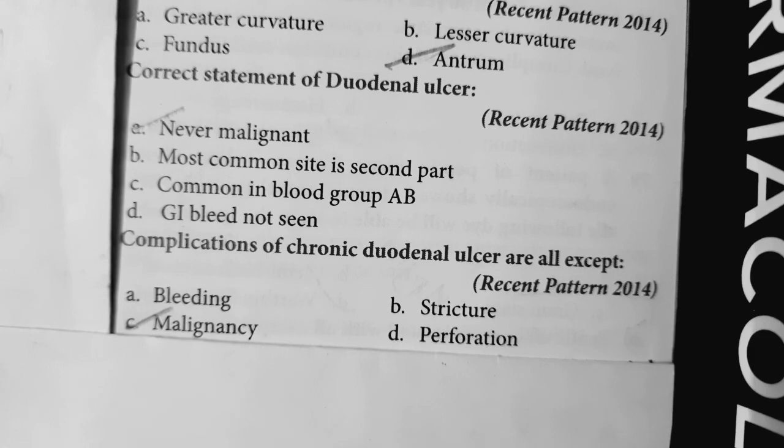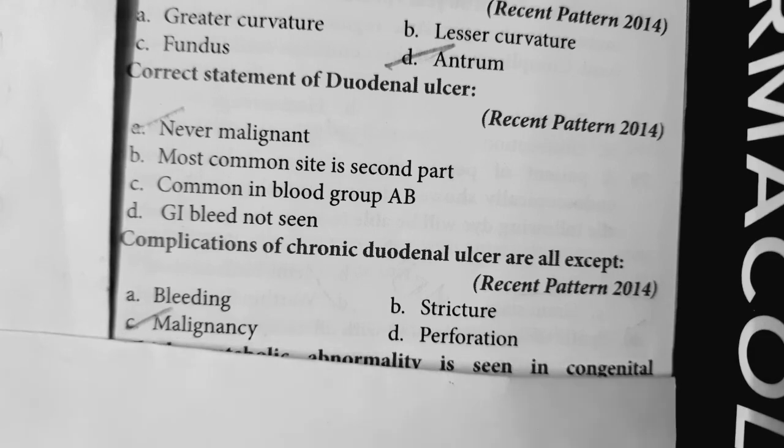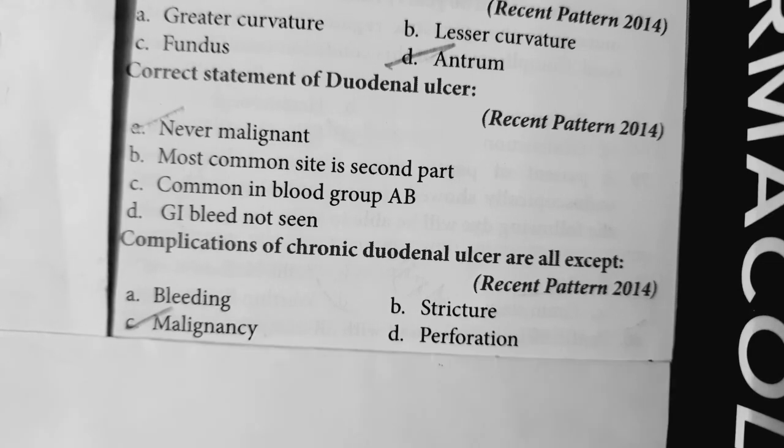Among all these, bleeding is the most common complication of duodenal ulcer. But if you are asked which complication of duodenal ulcer has the highest mortality rate, it is perforation.